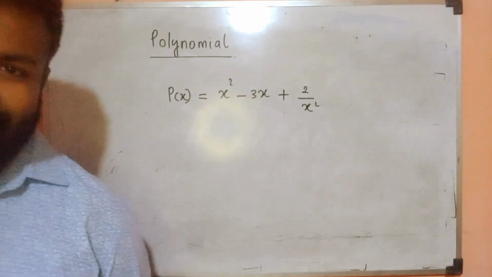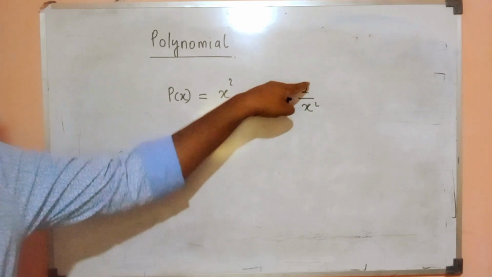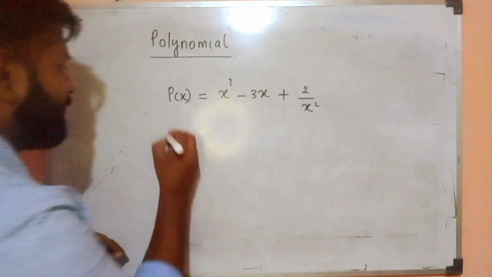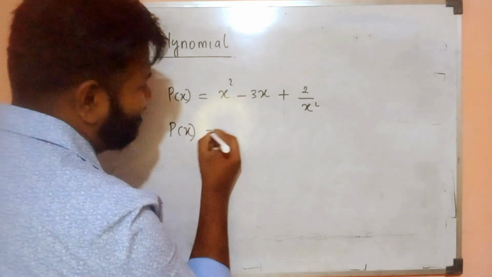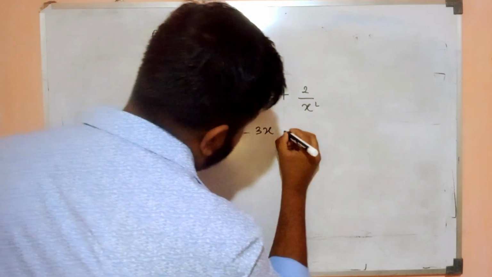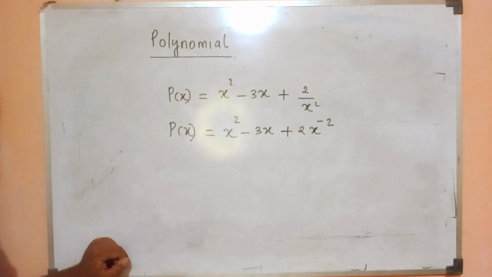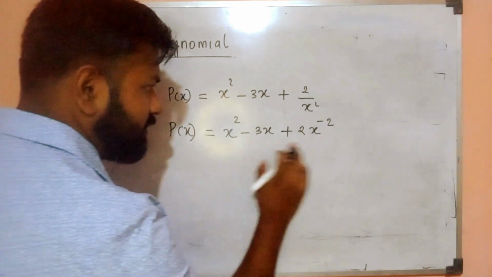What can I say about this? x squared minus 3x plus 2 over x squared. Is it a polynomial? This one can be written as x squared minus 3x plus 2x to the power minus 2. Here you have 3 terms.